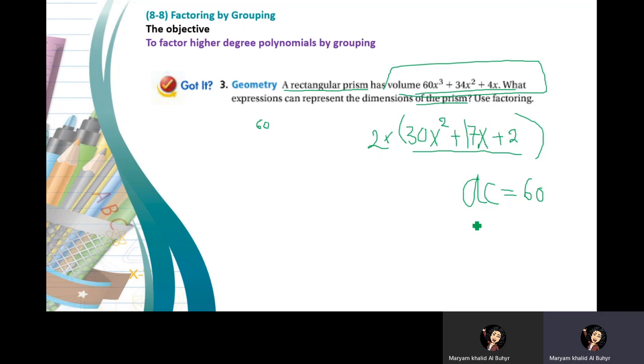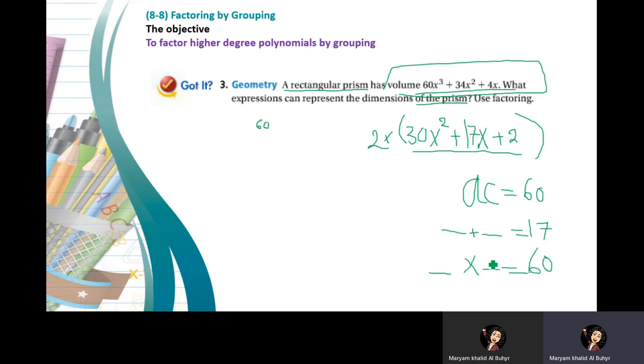Okay, think about two numbers. Once you add them, you will get 17. Once you multiply them, you will get 60.